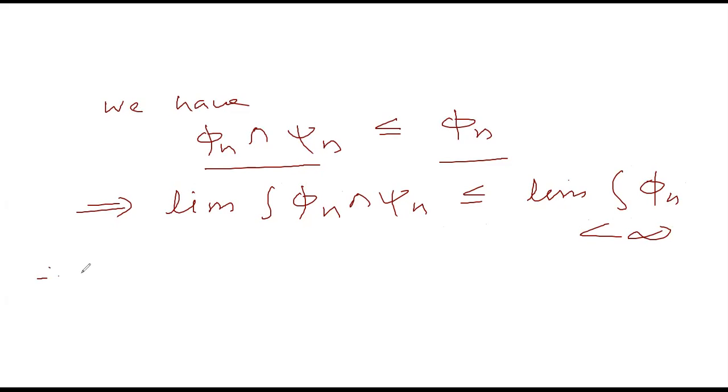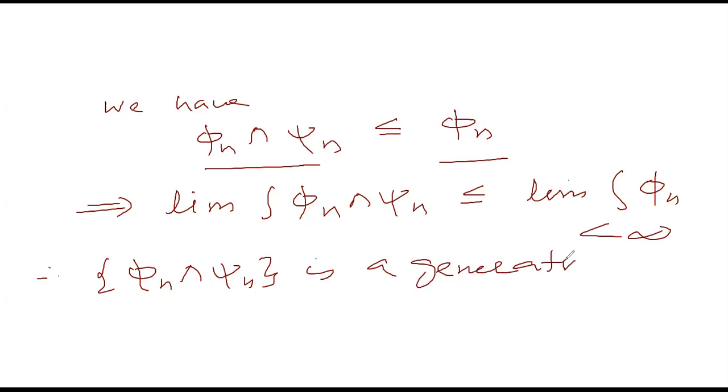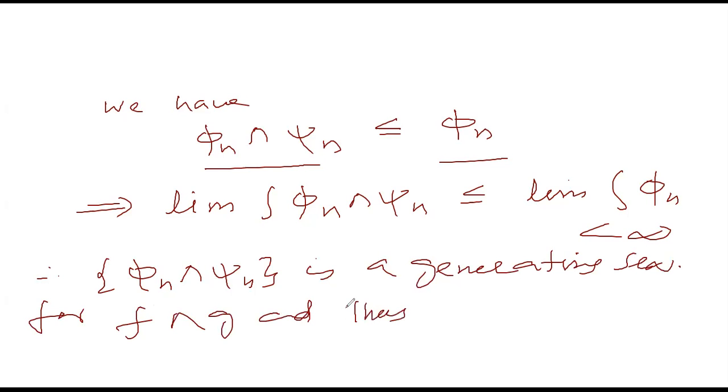So therefore phi n meet psi n is a generating sequence for f meet g, and thus f meet g is an upper function.